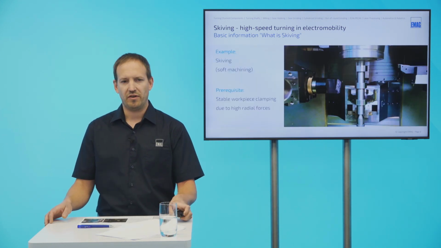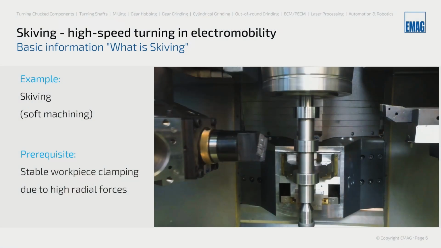On the next page, we have an example for soft machining. Skiving can be used in soft machining and hard machining. This is an example of soft machining with no additional set movement.